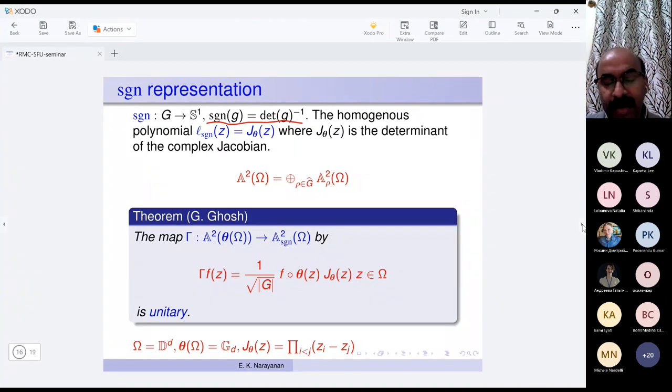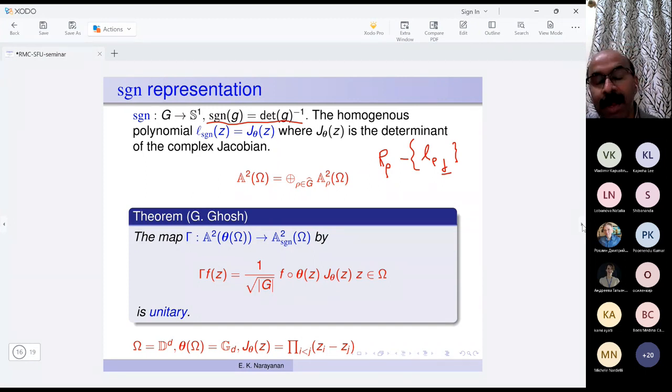Now go back to the Chevalley-Shephard-Todd theorem and the corresponding decomposition with respect to representations. Each representation came with a set of generators, right? So R rho was generated by L rho j, and j was going from 1 to degree rho square, degree rho meaning the dimension of the representation.